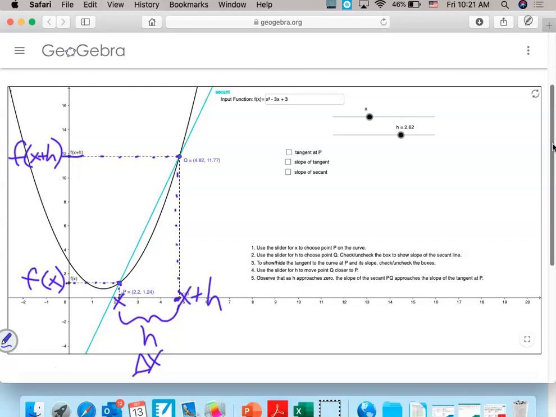So old-fashioned slope would be f of x plus h minus f of x, over h, where h represents the distance on the x-axis between the 2 points you're finding the slope of.